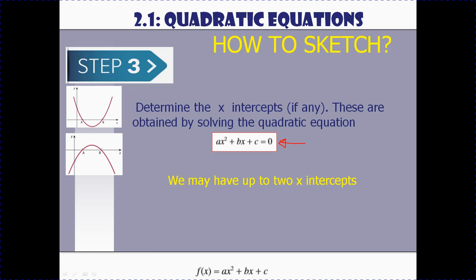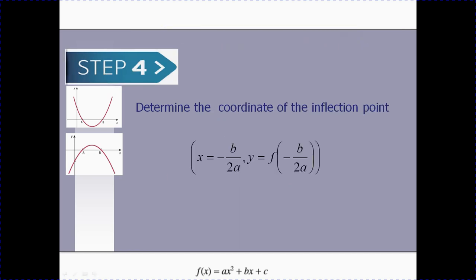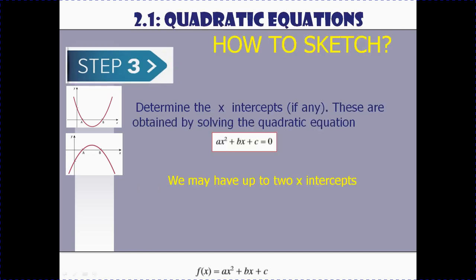This is a quadratic equation, and we learned how to solve it, either by factoring or by quadratic formula. We may have two x-intercepts, one x-intercept, or no x-intercepts. And we can solve this by using the formula or by factoring.